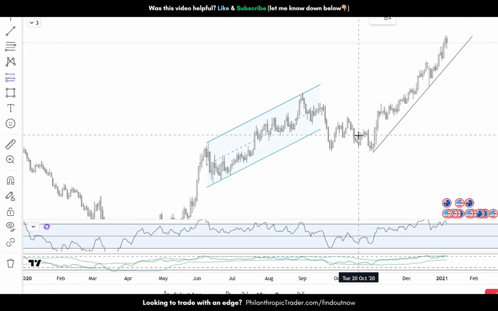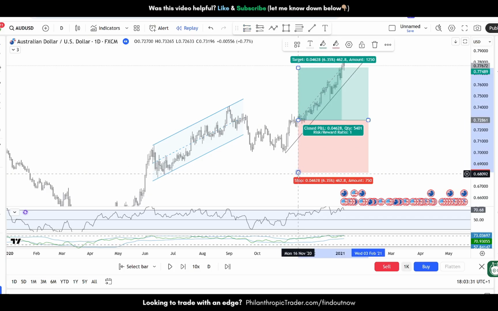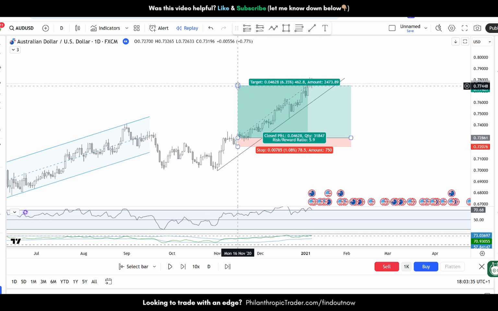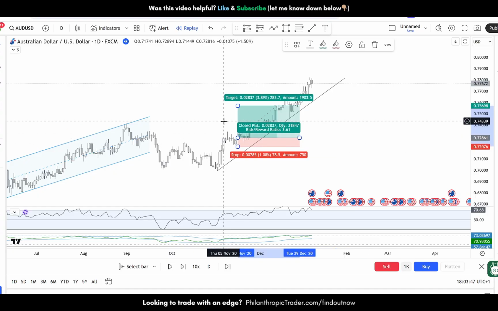So let's say that I see an opportunity. For example, here it's a nice breakout and then a retest, but again we see that it doesn't go lower than that. And then I can play around and see, okay, this is what I would like to risk and what I expect to gain.